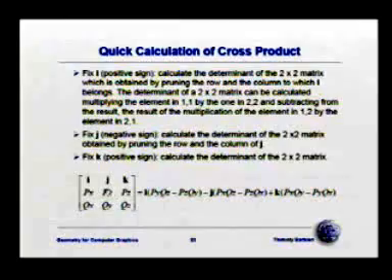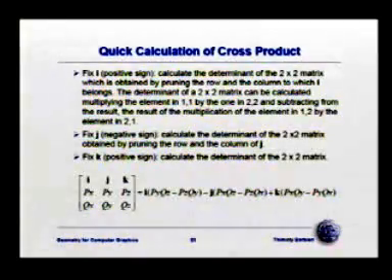Yes. Okay, I'm happy. So, you build this matrix, which is a fake matrix. It's just something for you to work on to quickly calculate the cross product. The only thing this method requires is that you remember how to calculate the determinant of a 2×2 matrix.